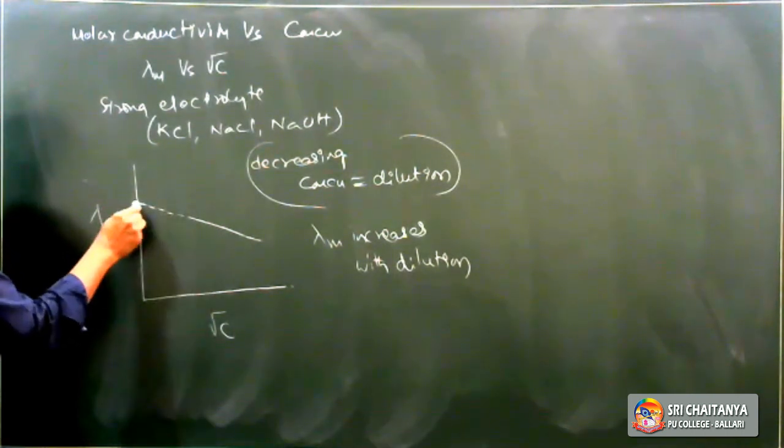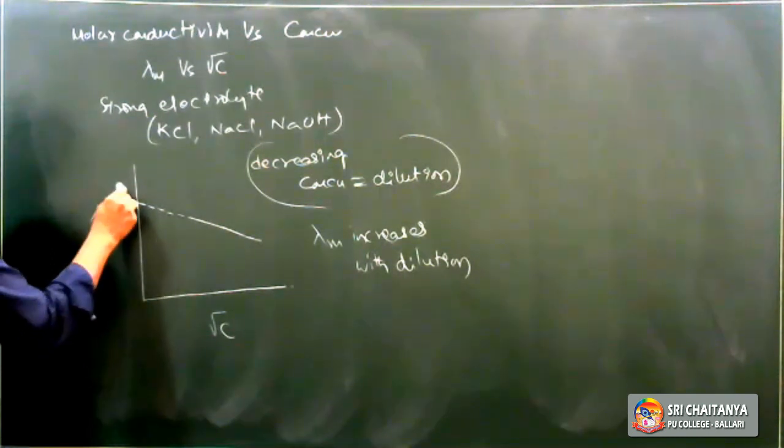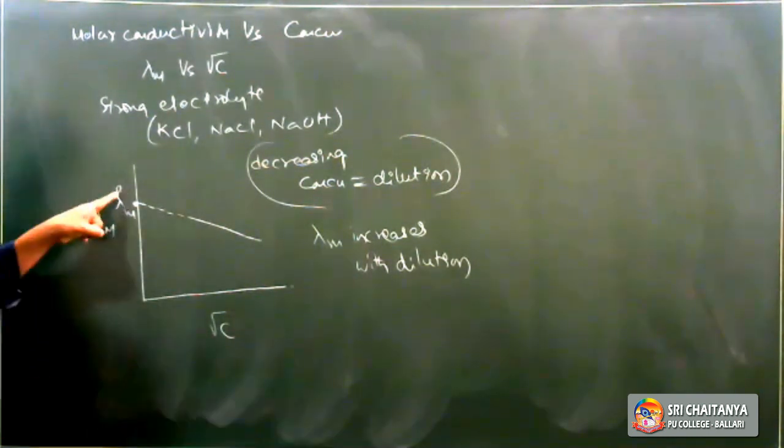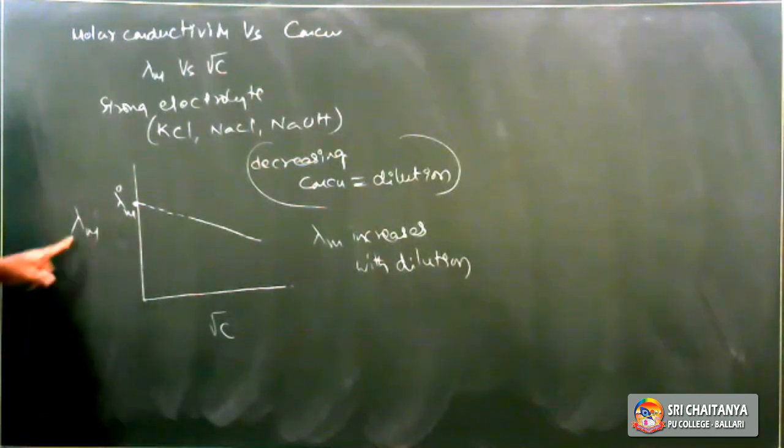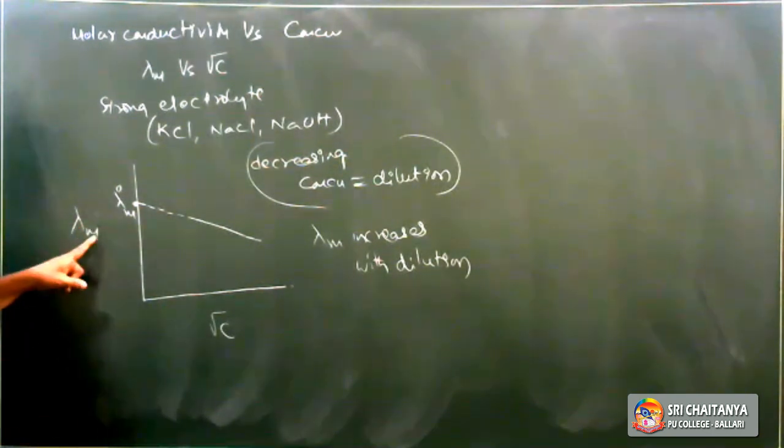So therefore, now extrapolation of this graph. This is lambda naught m. On the y-axis, I have taken molar conductance, right?